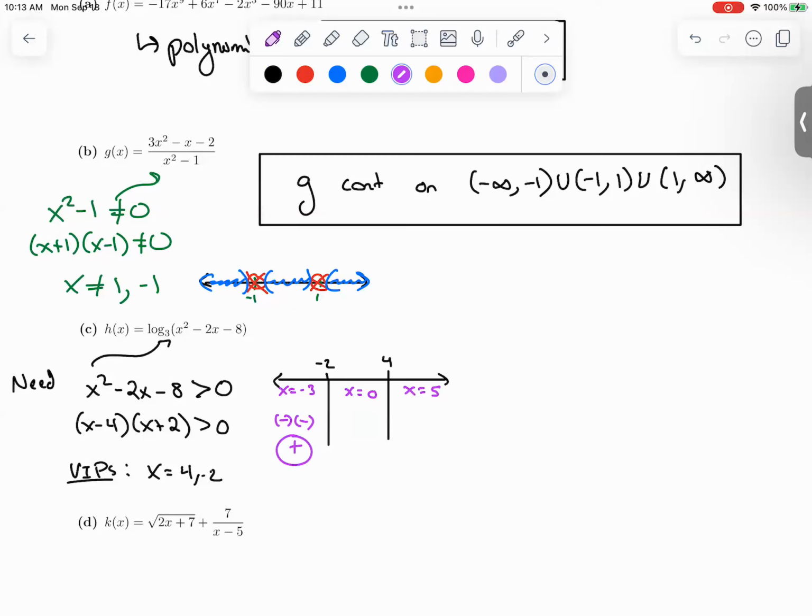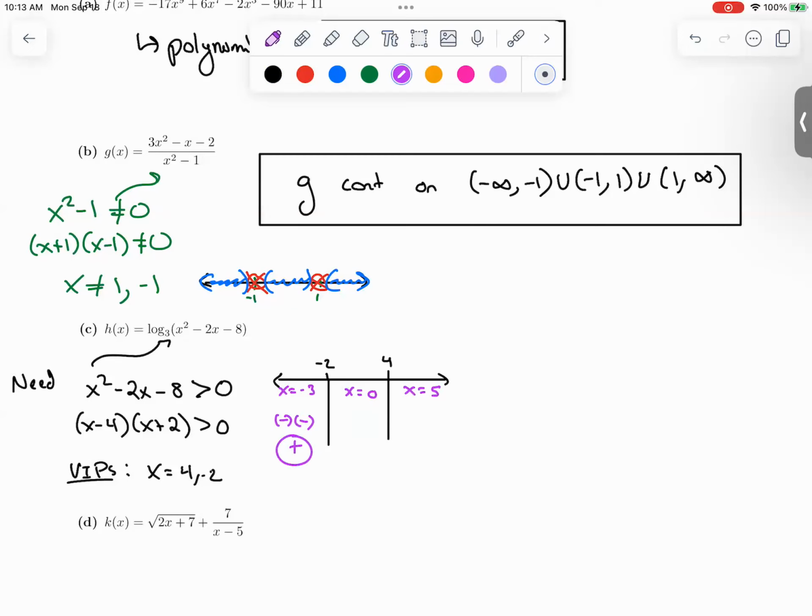What happens if it became negative? What happens with the negative? You don't include that? We don't include that because any number between -2 and 4, the inside would be negative. This has to be greater than 0, and if it was negative, it would not be. So that entire interval from -2 to 4 just doesn't exist.